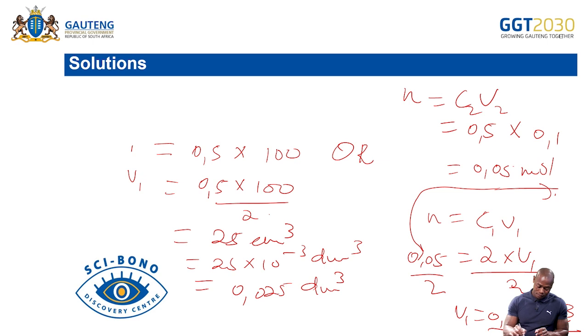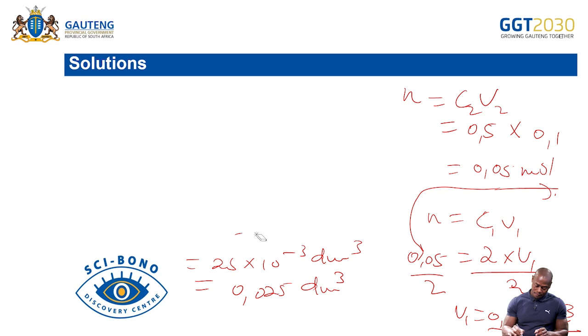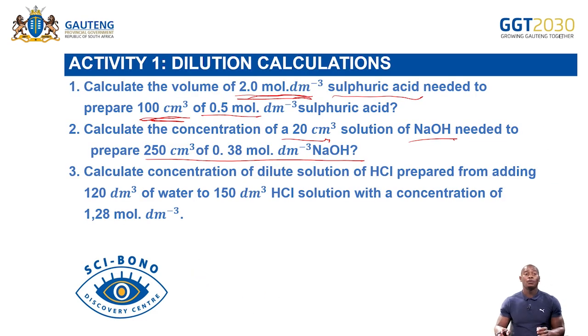Now let's move to the third question. Right, so third question: calculate the concentration of a dilute solution of hydrochloric acid prepared from adding 120 cubic decimeters of water to 150 cubic decimeters of hydrochloric acid solution with a concentration of 1.28 mole per cubic decimeter.